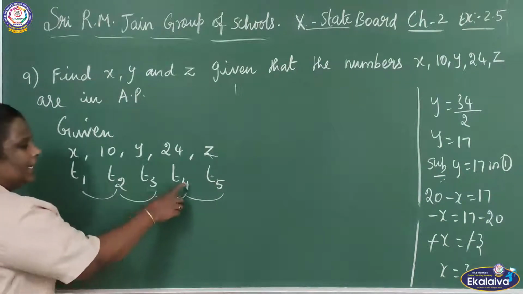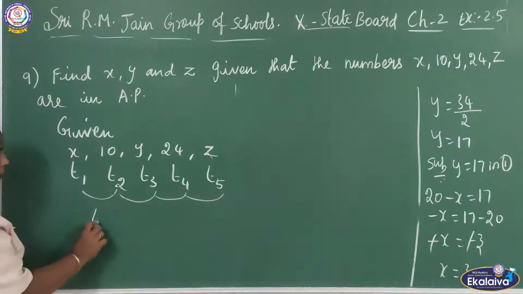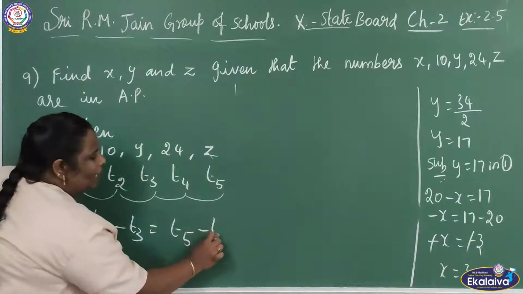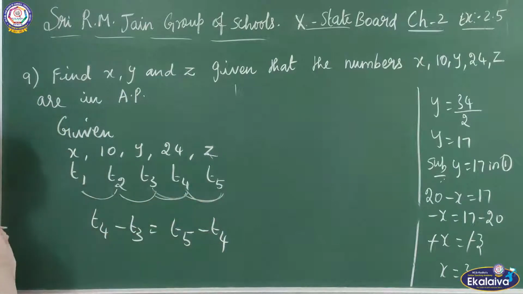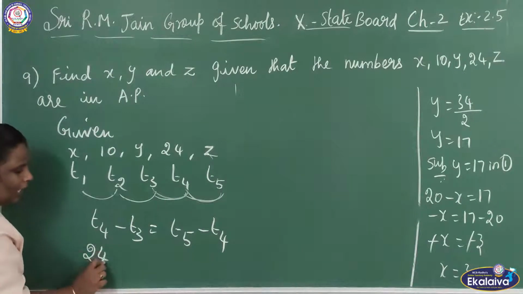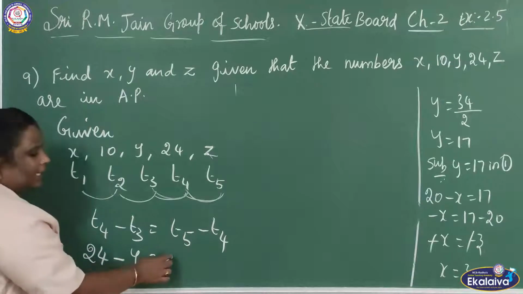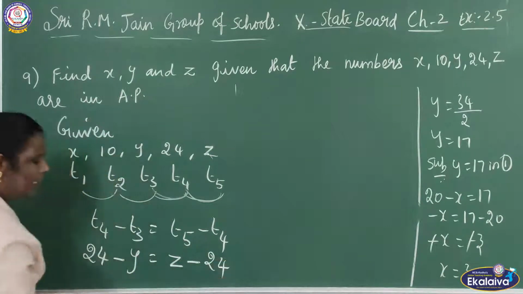See the next, T4 minus T3 equal to T5 minus T4. T4 is 24, minus T3 is y, equal to T5, z, minus T4, which is 24.